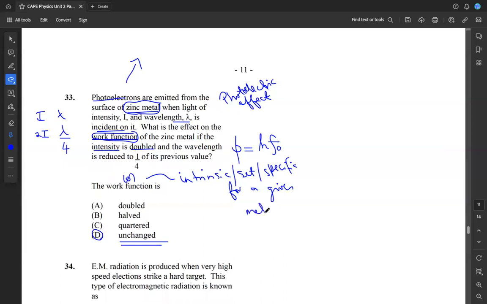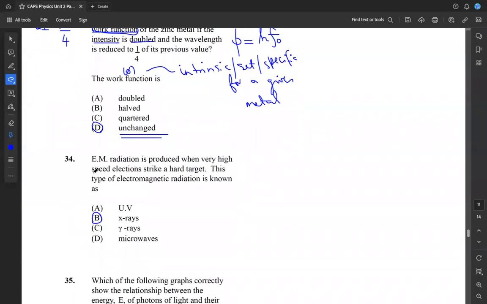It is what it is. And if you change the intensity and you change the wavelength, you're not going to change your work function. It's just not going to affect it. What this could affect is the energy of the photons, or the amount of photons that you're hitting that metal with. But it's not going to change the work function, right? The work function is set. It is what it is. So it's unchanged.